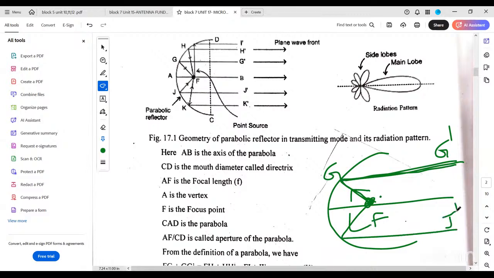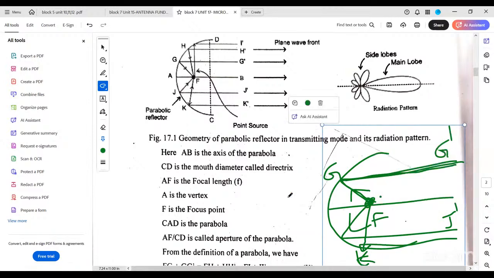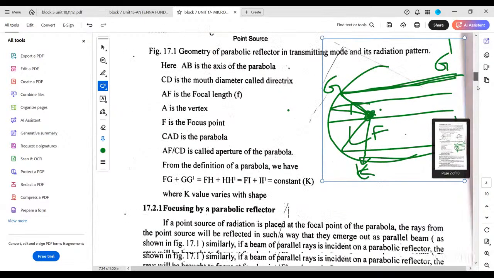Similarly, suppose it is hitting here: F, K, again reflecting back, K dash. Another point, H: F, H, H dash. This is all for the transmitter side, and full forms are mentioned. Next, on the next page you have the diagram for the receiver.